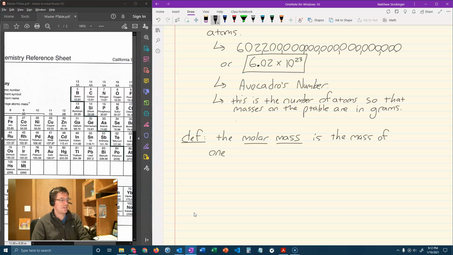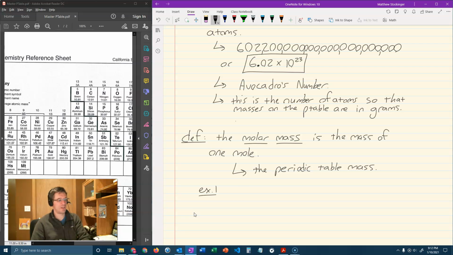Conveniently, because the mole, Avogadro's number, is designed for the periodic table, the molar mass is just the periodic table mass of anything. So when you're looking for the molar mass of anything, all you got to do is look at the periodic table and add them up.